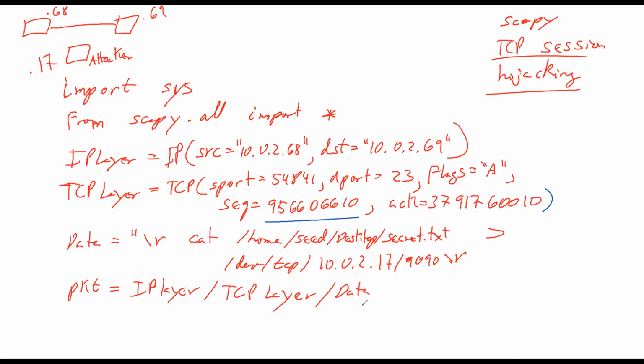Okay, if you want to look at the packet, ls packets, of course, and then finally you send it out. So it's verbose, cool, 0, and that's it. As you can see, very similar to all the other ones, except that now we do have payload, okay?